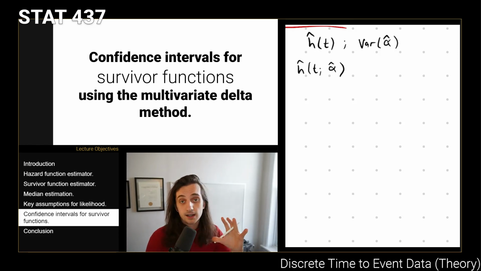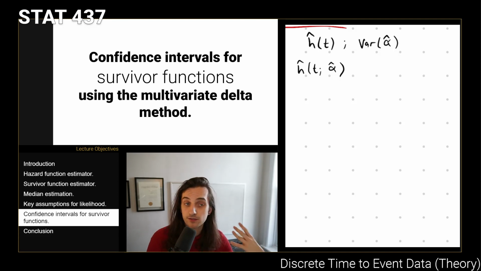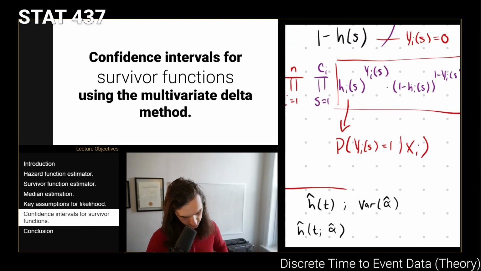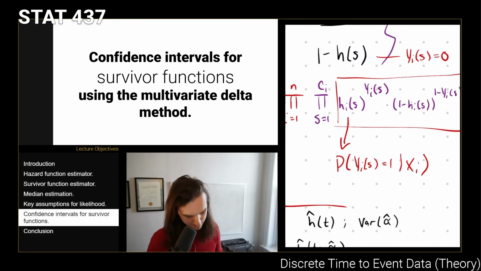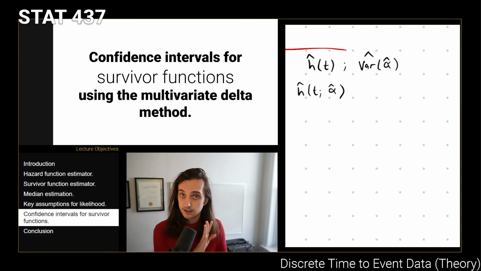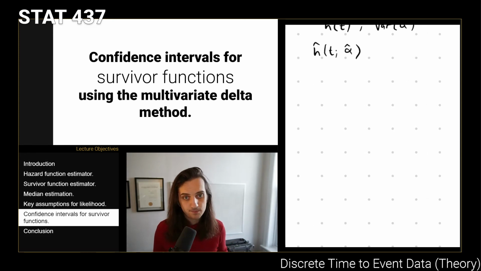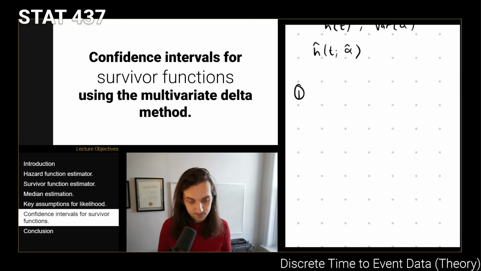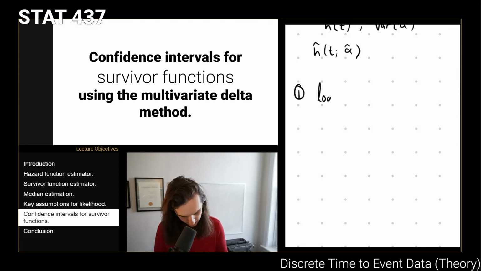So we've used a GLM based on this likelihood expression, we've fit this hazard function, and now we have an estimated variance for our parameter from the GLM as well. And so the first step is that instead of looking at the survivor function directly, we want to look at the log of the survivor function, okay?